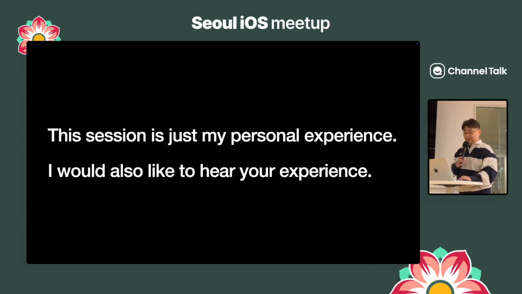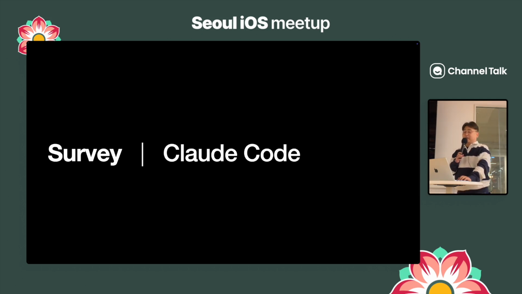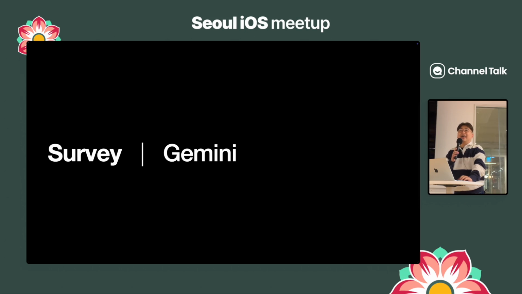Okay? So, first of all, I want to survey. How many people use Claude Code, please? Wow. Okay. How many people use Codex? Good. How many people use Gemini? Oh.